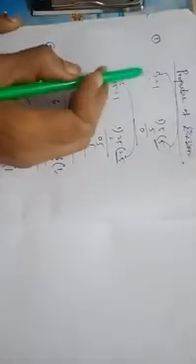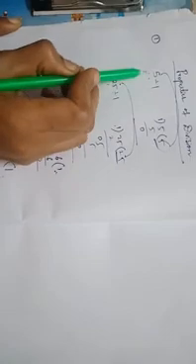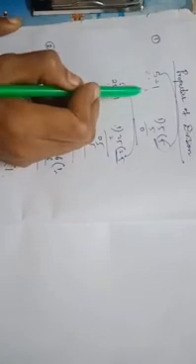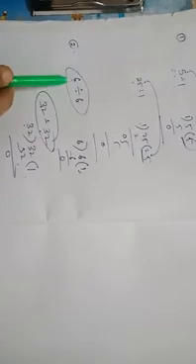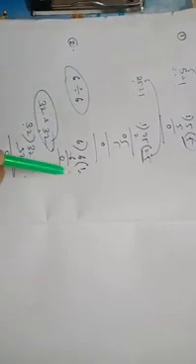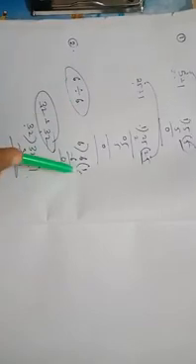Understood, children? When we are dividing any number by itself, the quotient is 1. Is that clear? First one is, if any number is divided by 1, the quotient is the number itself. When any non-zero number is divided by itself, then the quotient is 1.